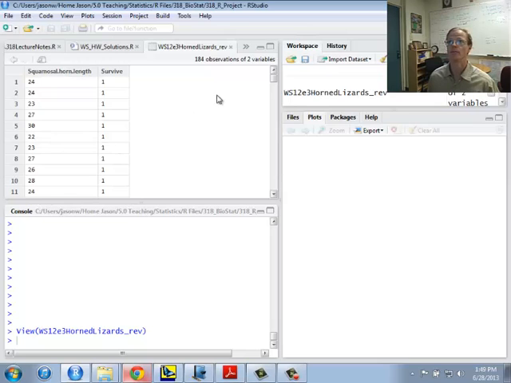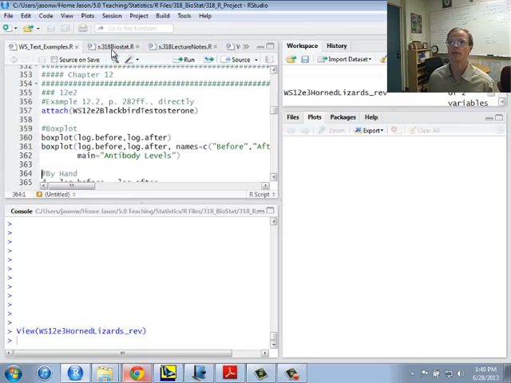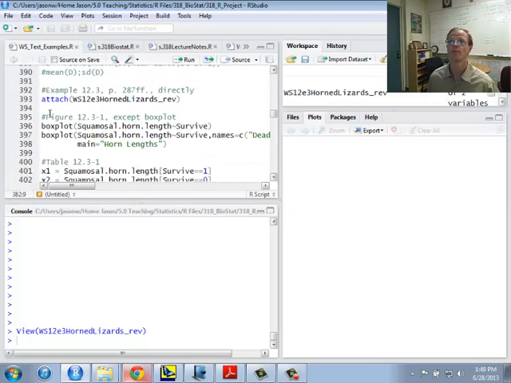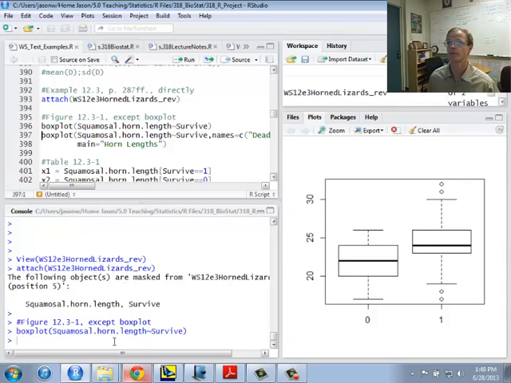So in the box plot command, again, I'm going to look at my text examples file. We're in example 3 here. So let's go down to that one. We will attach the data and do a box plot. Also a good idea to get the statistics out.